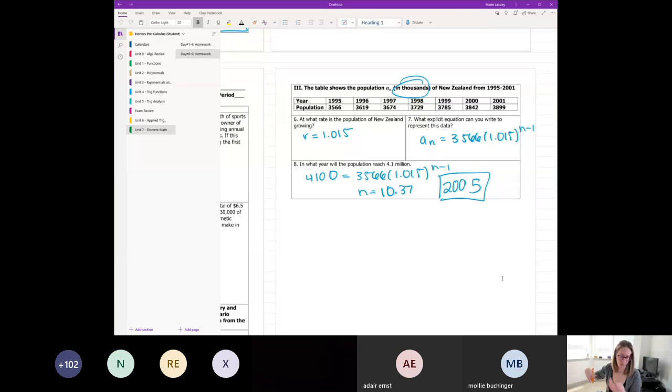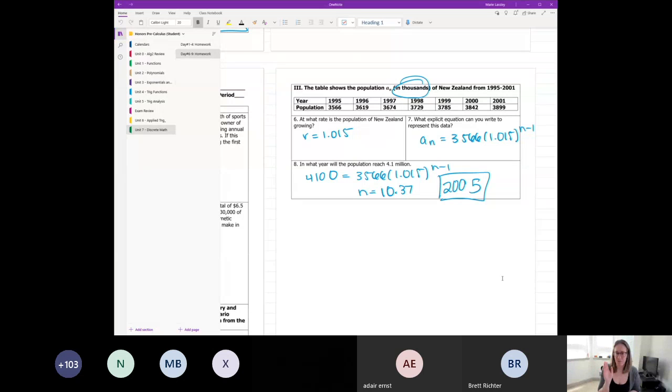I have a really quick question. Is it the 11th year because it's like 0.37, so that extra makes it become 11? Yeah, because if we did our equation, our a sub n, and plugged in 10, we wouldn't get 4.1 million.